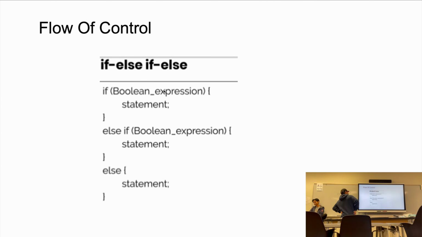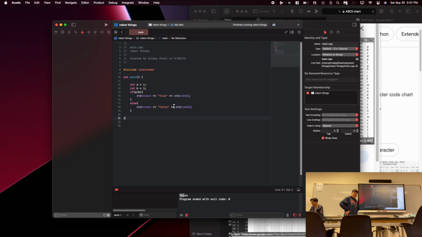Now there's something called else if. I think in Python it's called elif, right? Basically, it's another if statement inside a whole if statement. It's basically the same thing as an if statement.